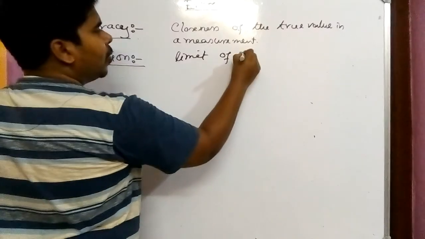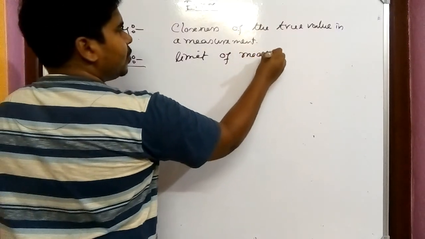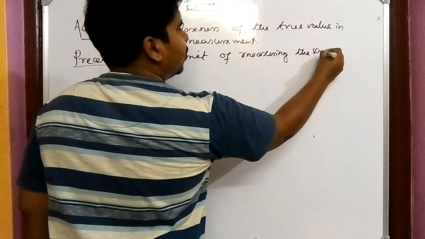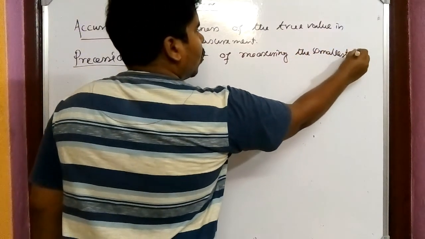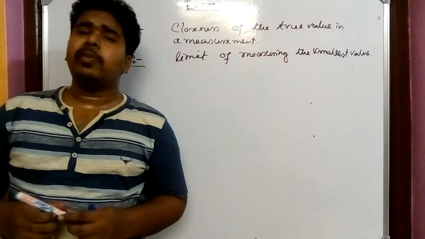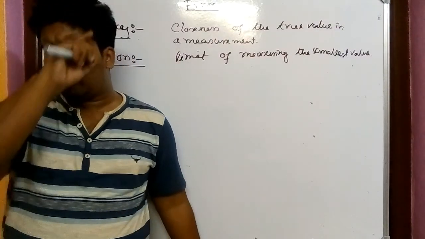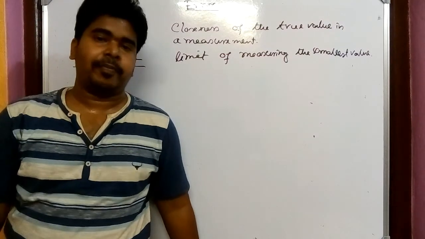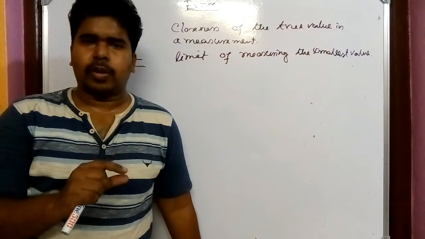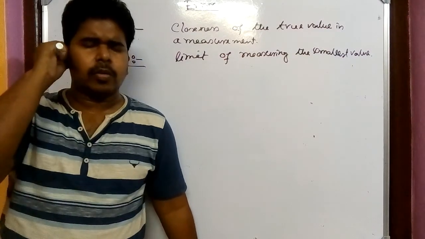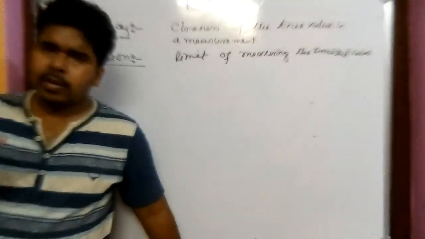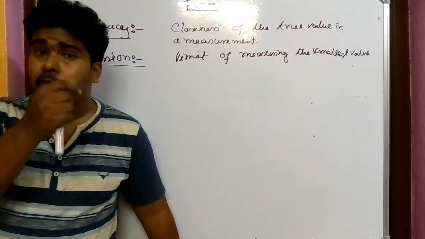I'm just trying to make you remember a simple definition from class 9 that you have read. Mainly I'm talking about class 9 ICSE students. For CBSE students also I don't think you have any problem, because whatever we're going to discuss, you know that.